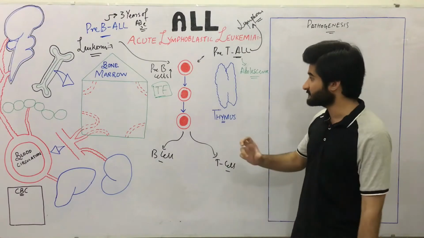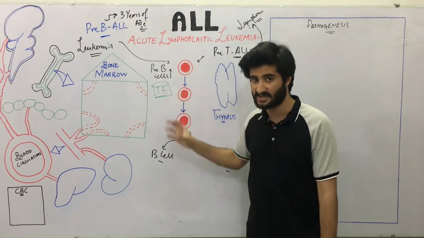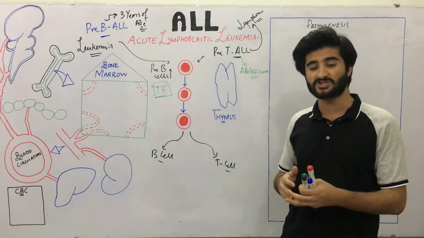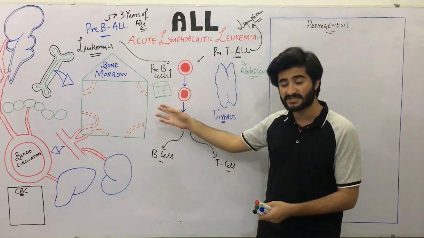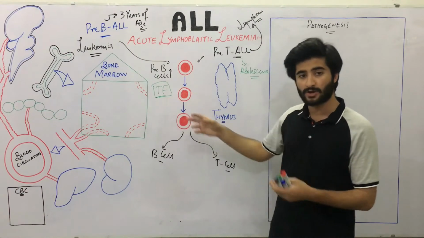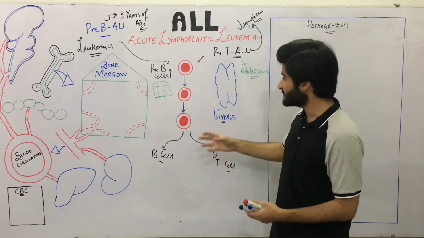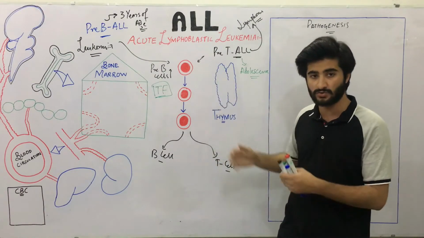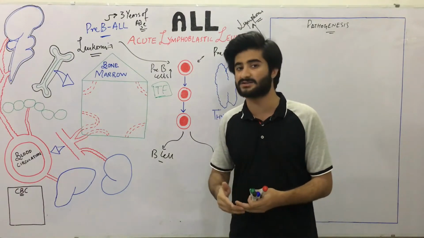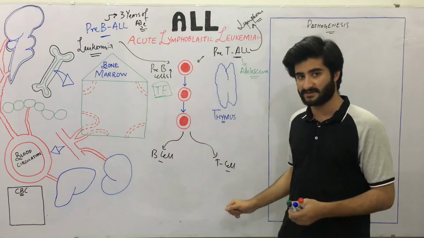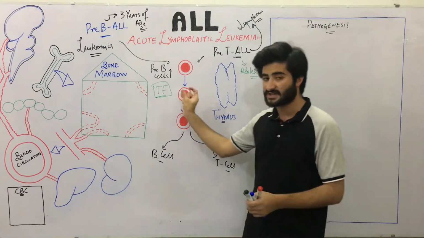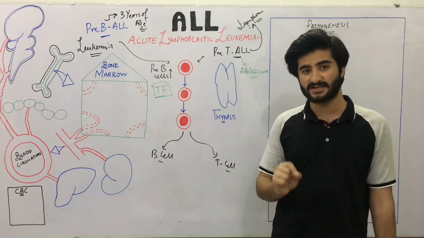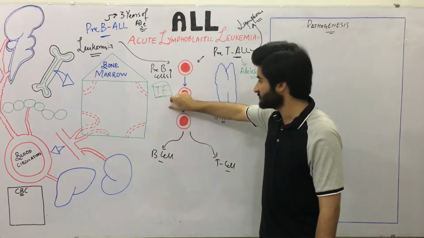If there is a loss of function mutation, the transcription factors are not able to function properly. What is the normal function of these transcription factors? Their normal function is to mature and develop precursor B cells and precursor T cells into B cells and T cells respectively. But now they are not working properly because they are mutated, with a loss of function mutation.